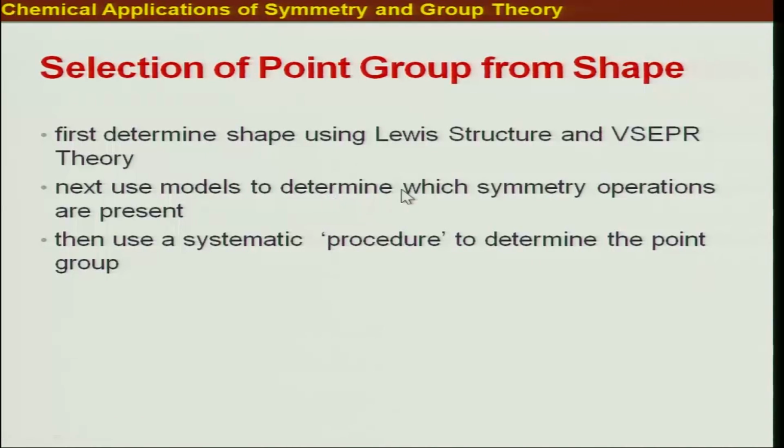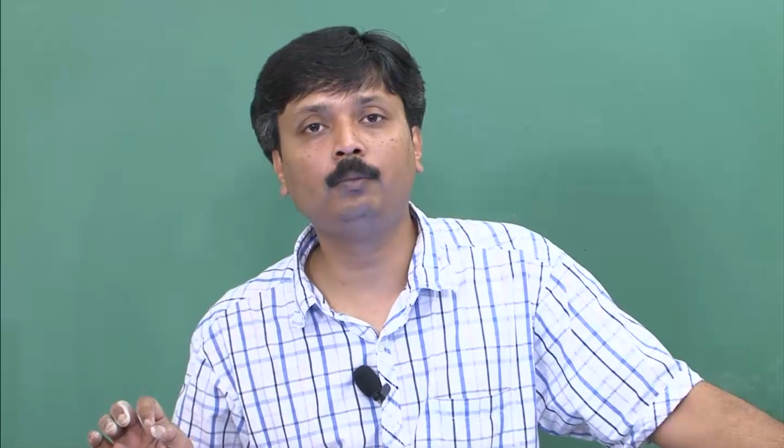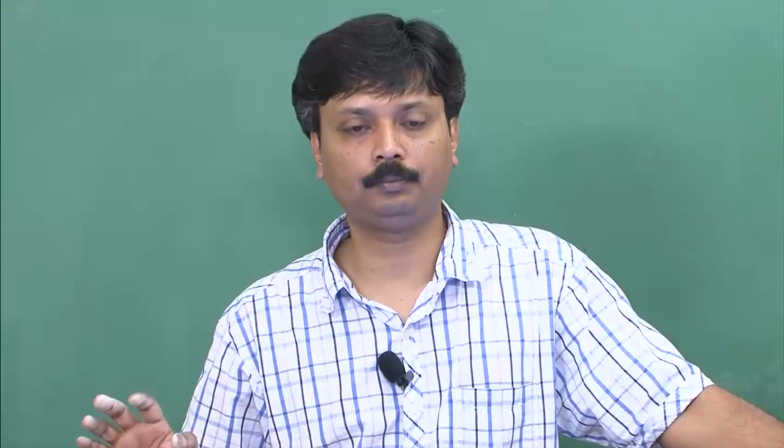At least find the symmetry elements, and from there the symmetry operations. Then you have to use a systematic procedure to find out which point group your molecule belongs to.